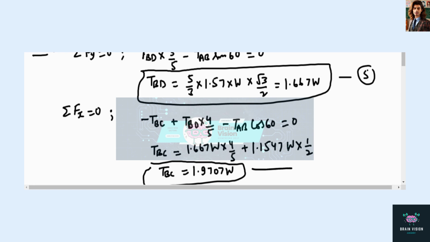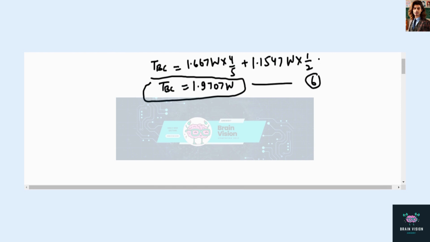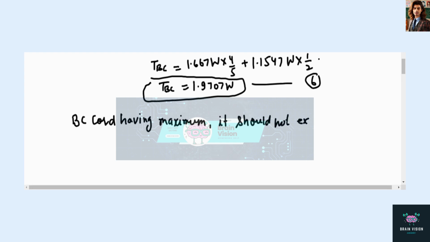So if we compare equation 2, 3, 4, 5 and 6, we will find the maximum tension is on the chord BC. So BC chord having maximum tension should not exceed 500 Newton.